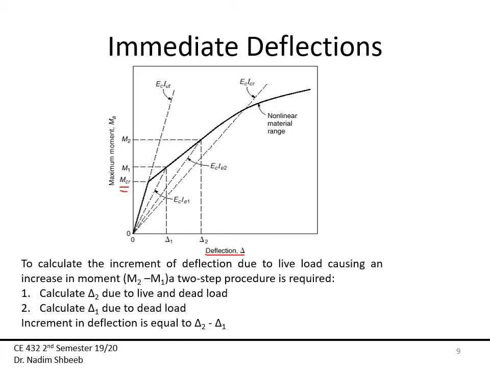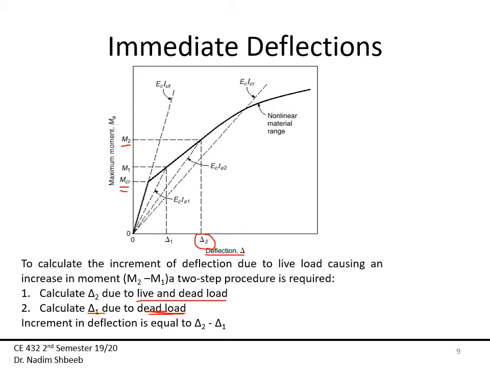But let's say I only want to know the deflection due to the live load only. For me to calculate that, I need to calculate the deflection due to both the live and dead load. I'm going to call that delta 2 because this is going to have a maximum M2. Then I'm going to calculate delta 1, which is due to the dead load only, no live load.